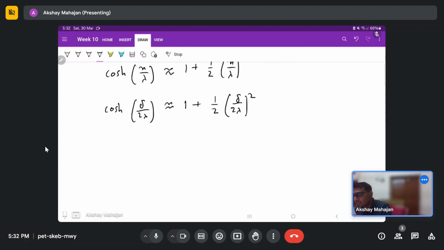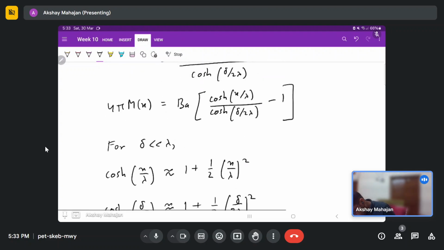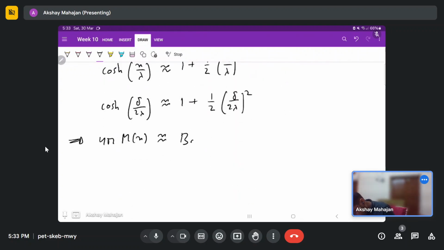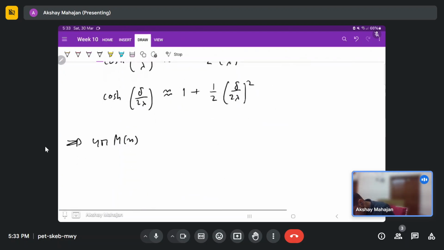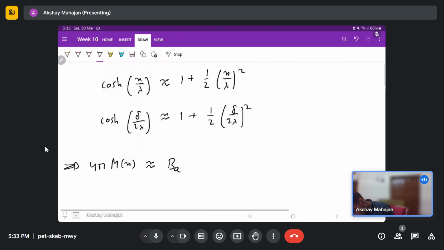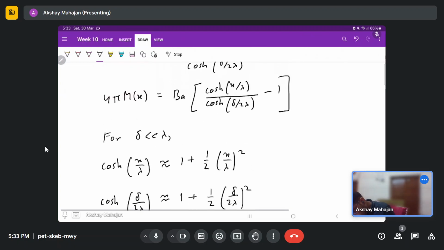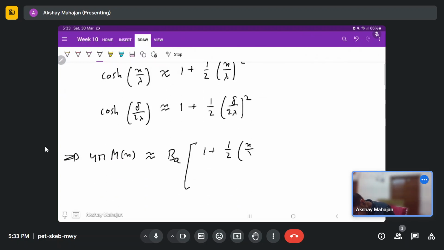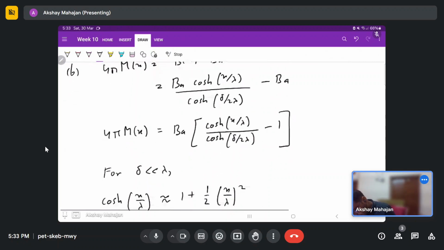Using this, we can write our 4π times M(x), which we have written here, and approximate it as Ba times [1 plus half (x/λ) whole squared, divided by 1 plus half (δ/2λ) whole squared, minus 1].